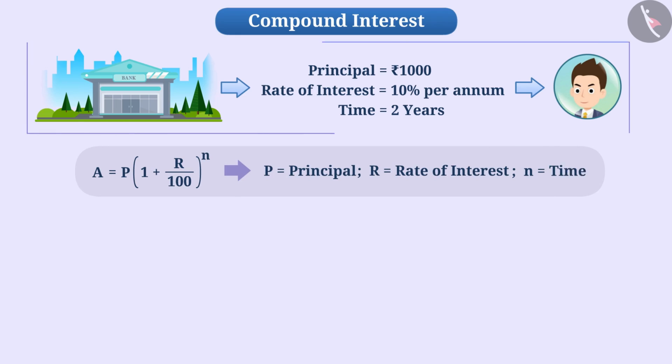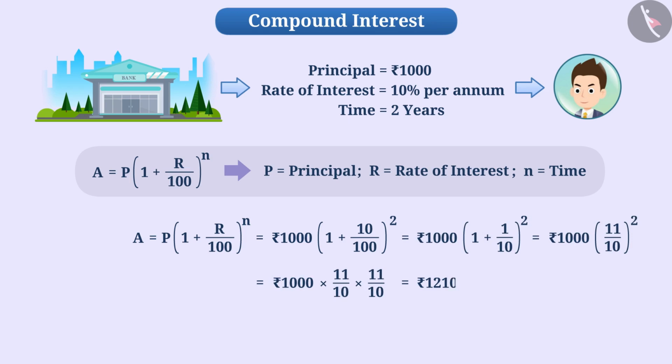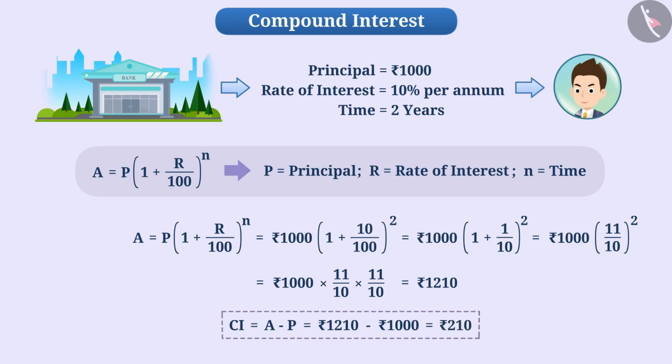From the given example, A is equal to P into bracket 1 plus R by 100 bracket raised to the power n, is equal to rupees 1000 into bracket 1 plus 10 by 100 bracket raised to the power 2, is equal to rupees 1210, and CI is equal to A minus P, is equal to rupees 1210 minus rupees 1000, is equal to rupees 210. We will learn about this formula in the next video.